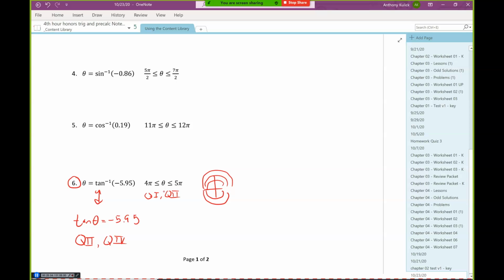Okay. So now I'm going to draw my picture. So my answer should be here in the second quadrant. So to get to that, that's 1 pi, 2 pi, 3 pi, 4 pi, and there's my answer. So I had to go around twice here. So theta is going to be just short of 5 pi.